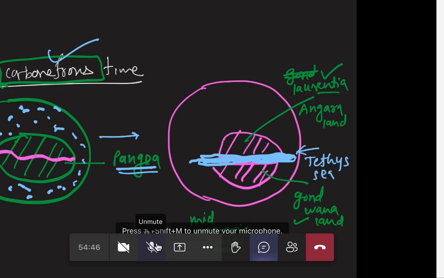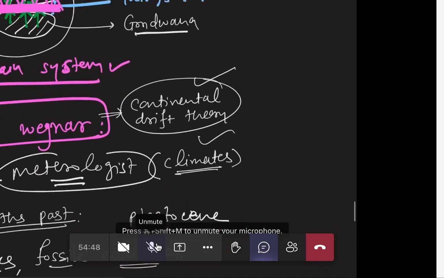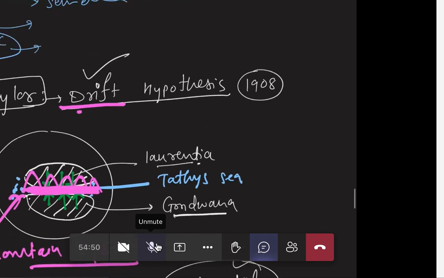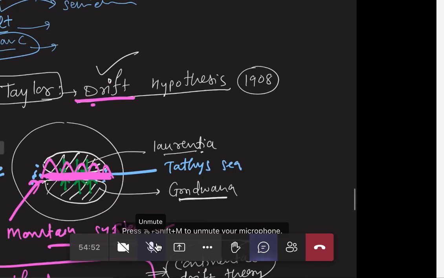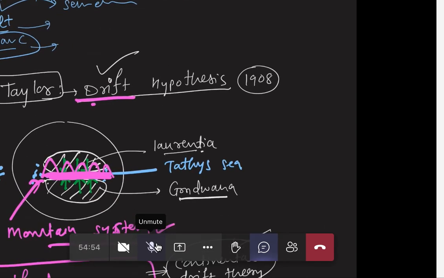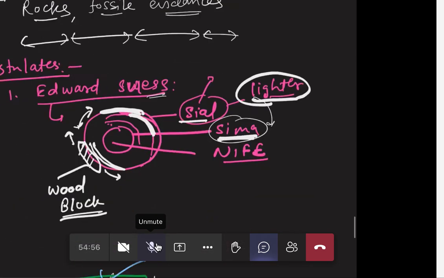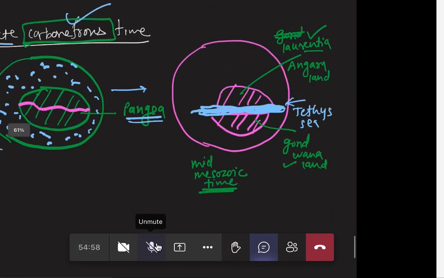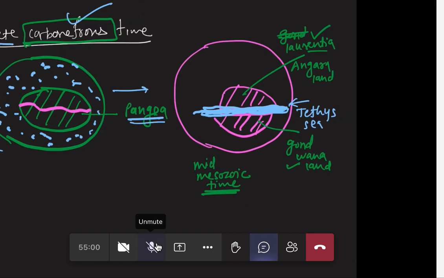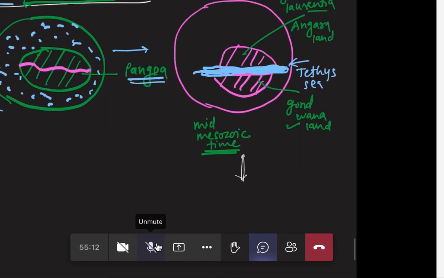Similarly, on the lines of, who said this earlier? Taylor. So Taylor also said somewhat like that, right? But now Wegener is more organized. Wegener is telling these things in a more organized way, because he said there was a Pangaea, Panthalassa, then it broke into 2. Okay. Now moving forward, what he says, after these 2 parts, the breaking still continued.